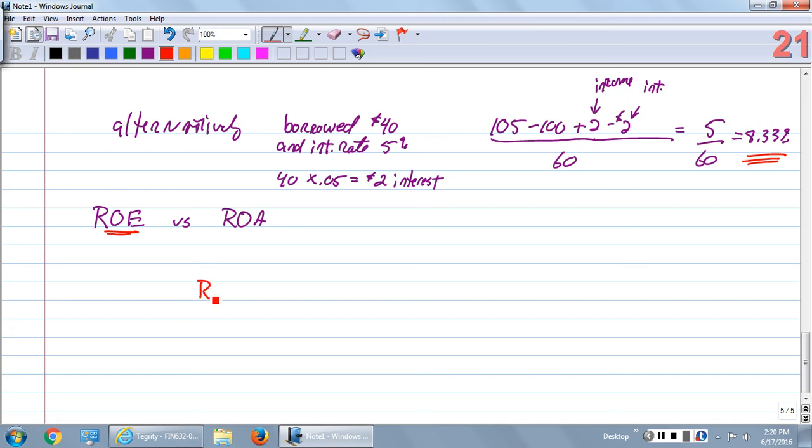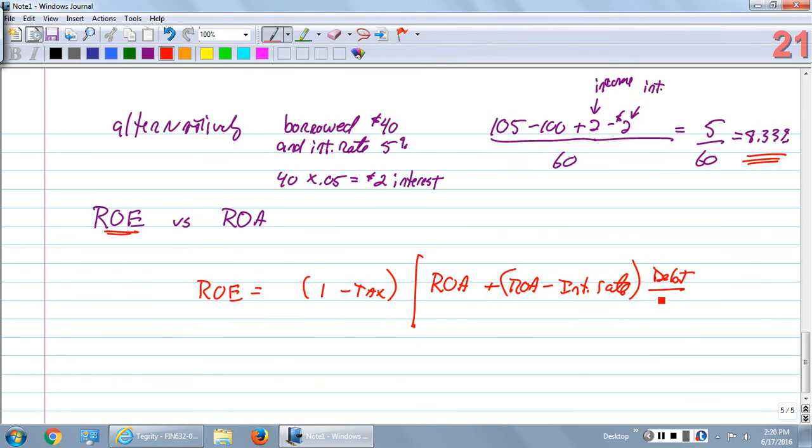In fact, your textbook shows ROE equals 1 minus the tax rate, times ROA plus ROA minus the interest rate, all that times your debt to equity ratio.